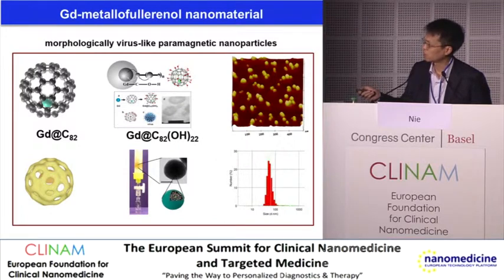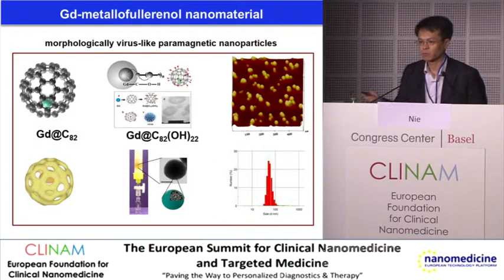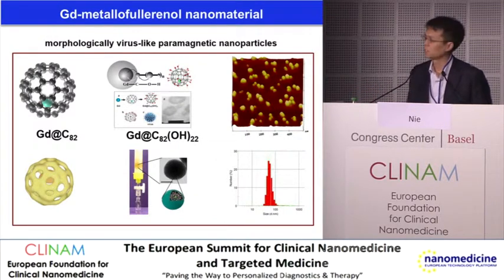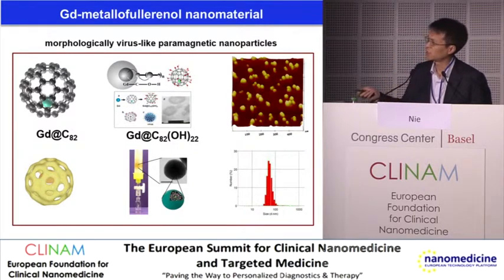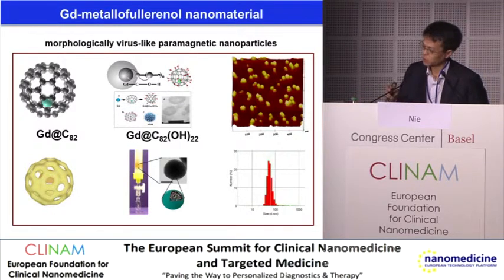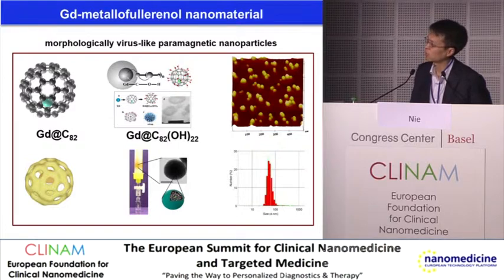Initially we wanted to develop gadolinium fluorines for use as an MRI contrast agent, because we know fluorines have a good signal, either with chelators or with other nanoparticles. So we started working on these gadolinium nanoparticles.